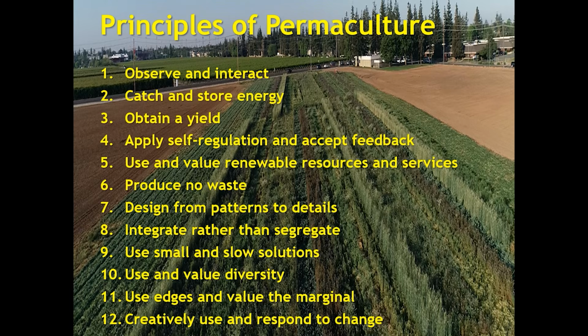One of the publications I found on permaculture lists the principles of permaculture as follows, starting with observing and interacting, catching and storing energy, obtaining a yield, applying self-regulation and accepting feedback, use and value of renewable resources and services, producing no waste, designing from patterns to details, integrating rather than segregating, using small and slow solutions, using and valuing diversity, using edges and valuing marginal areas, creatively use and respond to change.